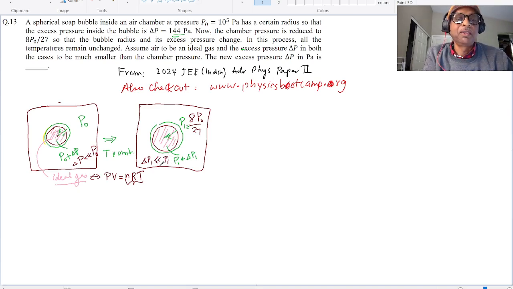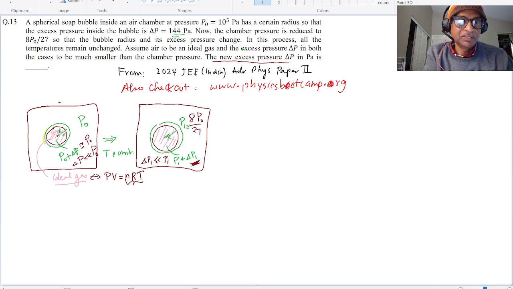So if we have a sum of these two, this one can be approximated to P0 in a formula. So we're supposed to find what's the delta P1. Even with this condition, we can find delta P1. Okay. All right.